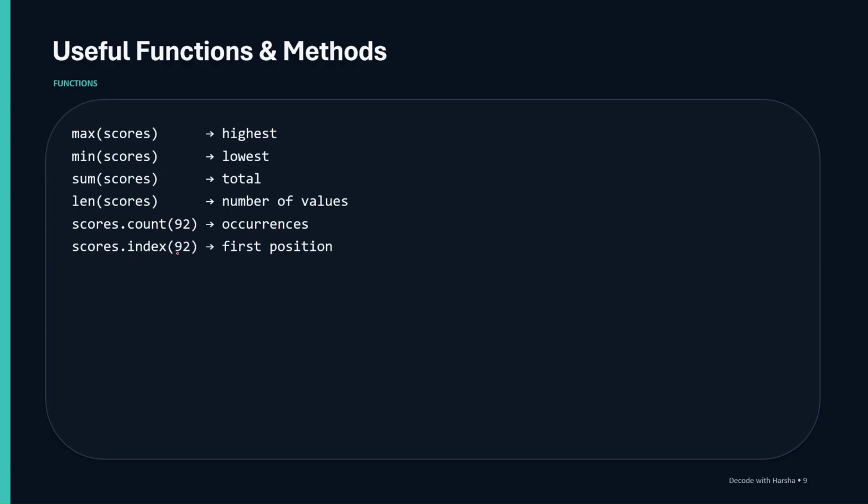Scores dot index of 92, first position. So index is to identify the position of a particular number. If I want to know what the index value of 92 is, I use the dot index method. Okay, so for analyzing tuples, we use all these functions and methods.